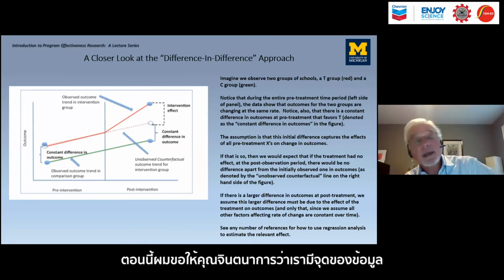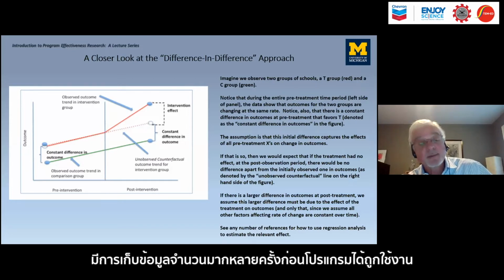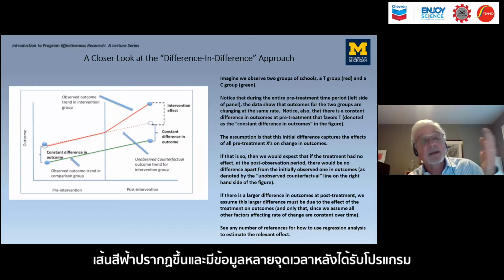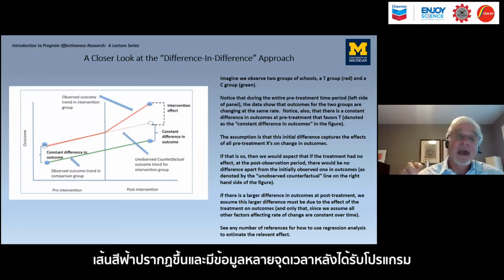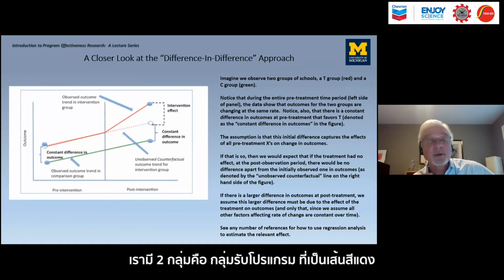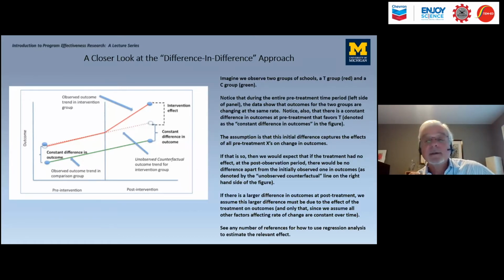So imagine now that we have many data points before an intervention is applied. The blue line happens and we have a bunch of data points after the intervention has been applied. And we have 2 groups, a treatment group in red and a control group in green.